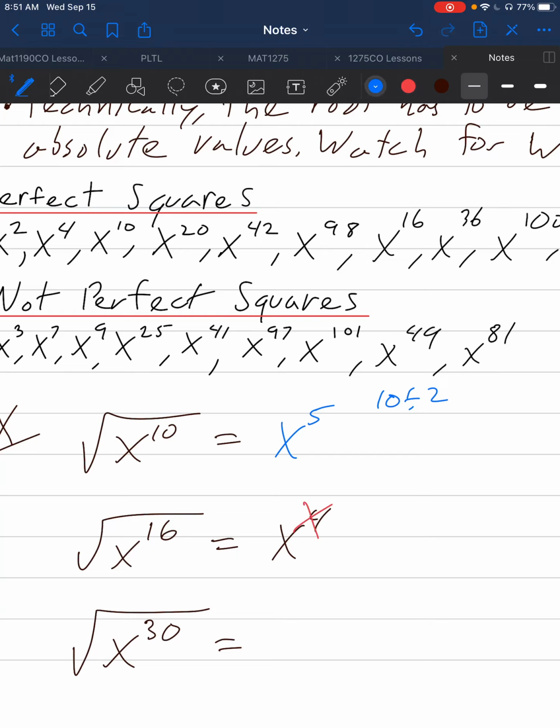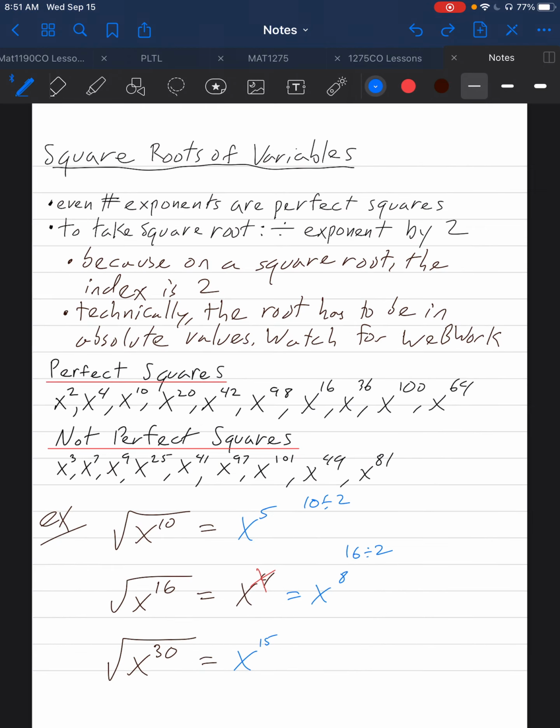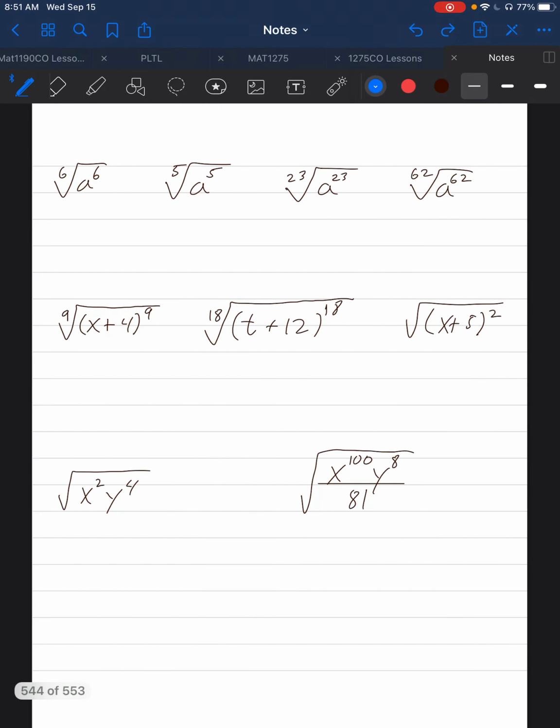The correct answer here is going to be x to the 8th power, because that's 16 divided by 2. It's important to be able to parse out or separate our exponents and base numbers because the rules are different. Take 30 divided by 2, and you get x to the 15th power as the square root of x to the 30th. Right? That's all there is to it.